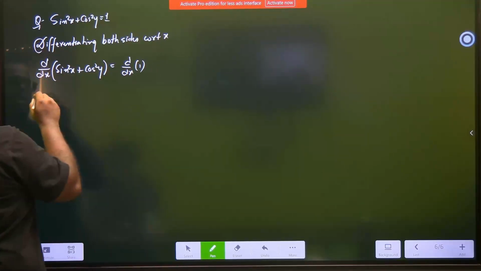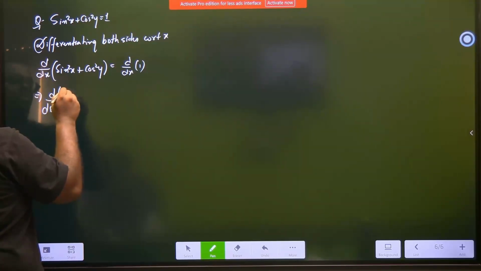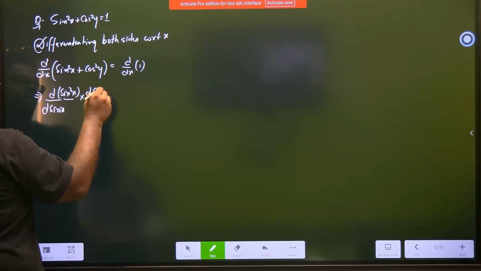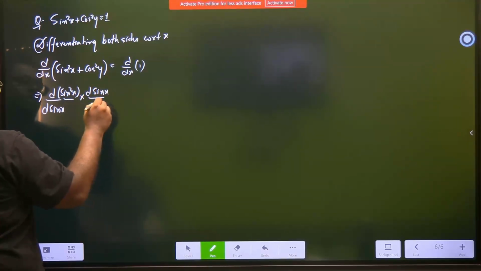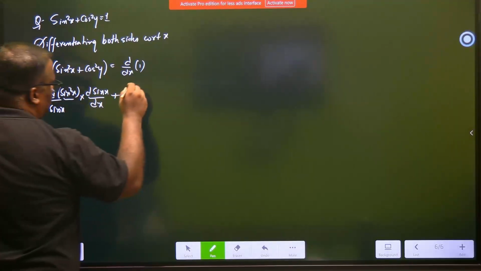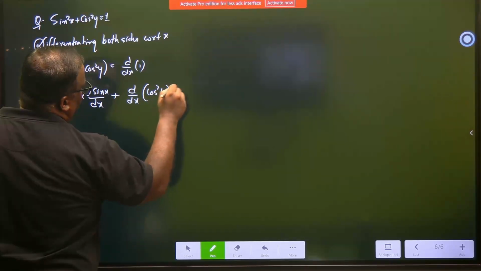So this will be d sin x into sin squared x multiplied by d sin x by dx, plus d/dx of cos squared y is equal to 0.